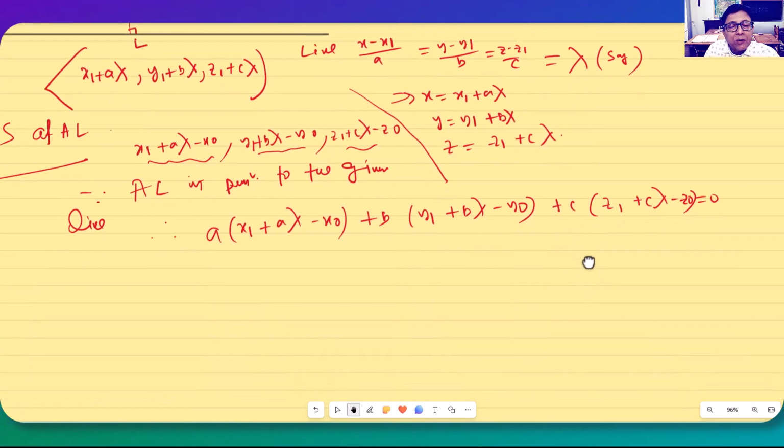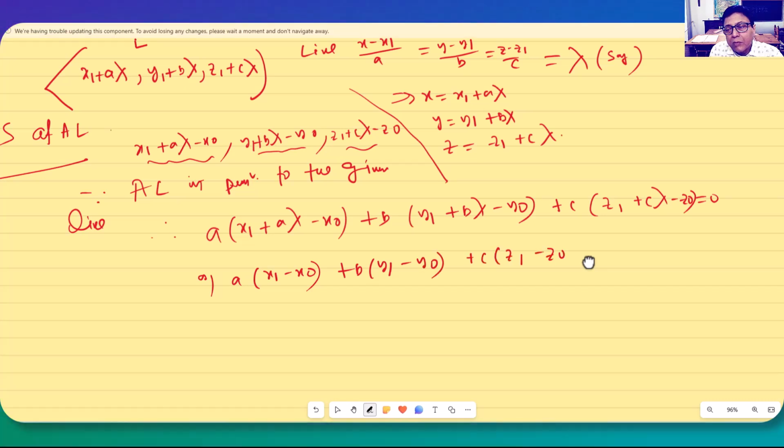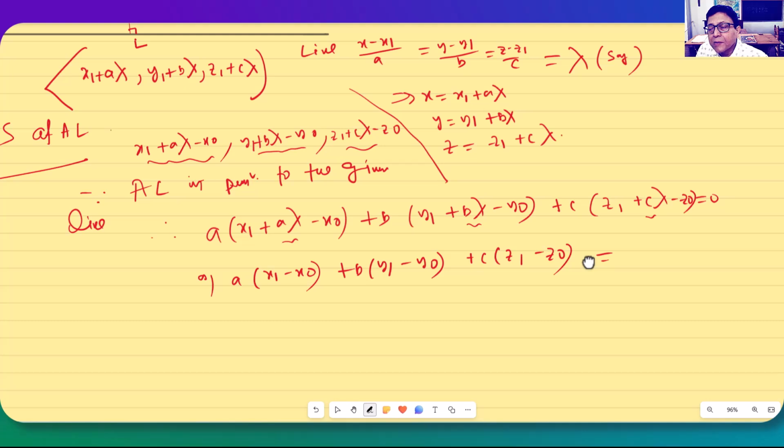Okay? So this implies a into (x1 minus x0) plus b into (y1 minus y0) plus c into (z1 minus z0) is equal to, taking the terms containing lambda to the right side, minus lambda into (a square plus b square plus c square).